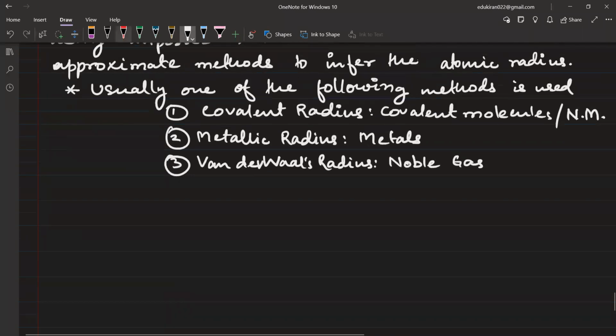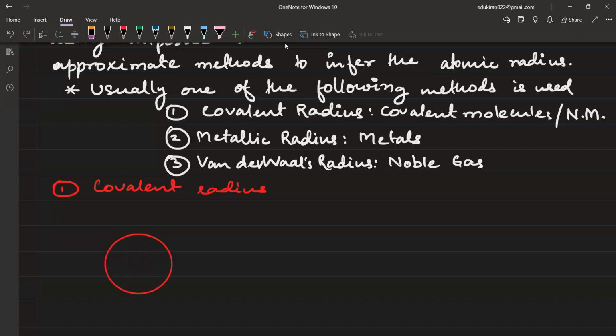Right, number one, covalent radius. What is covalent radius? So for example, we have one molecule which is made up of two atoms like this. Let's make this green.